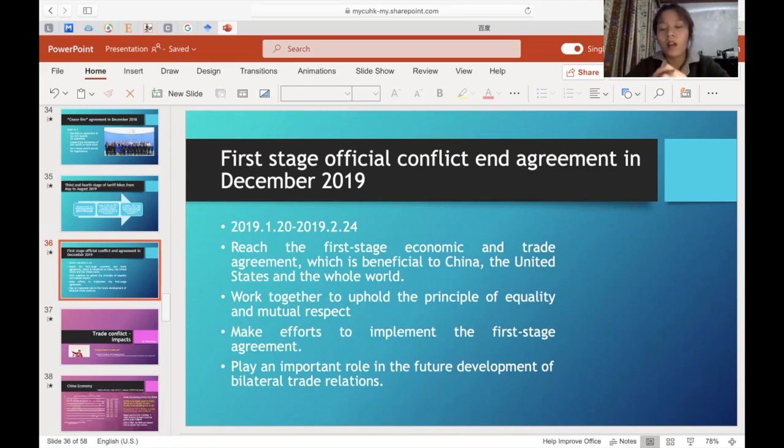Trump said that the outcome of the trade talks is what both China and the United States want to see, and the US government has promised to postpone the planned increase of tariffs on Chinese goods to the US. The fact that China and the United States have been able to achieve initial results so quickly is due to the fact that both sides have been able to put themselves in each other's shoes and safeguard each other's interests.